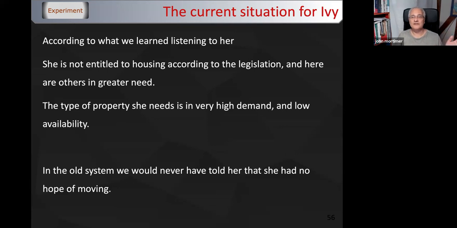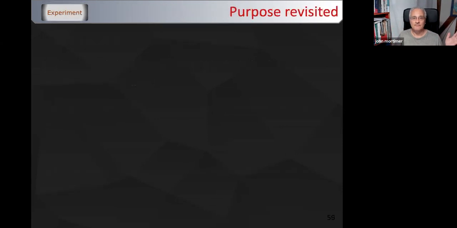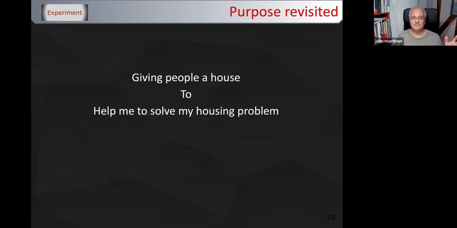At this point, the team's heads had blown off. So imagine doing this to 35 cases. After doing this to 35 cases, they realized that their purpose wasn't to give people a house. It was to help them to solve their housing problem.